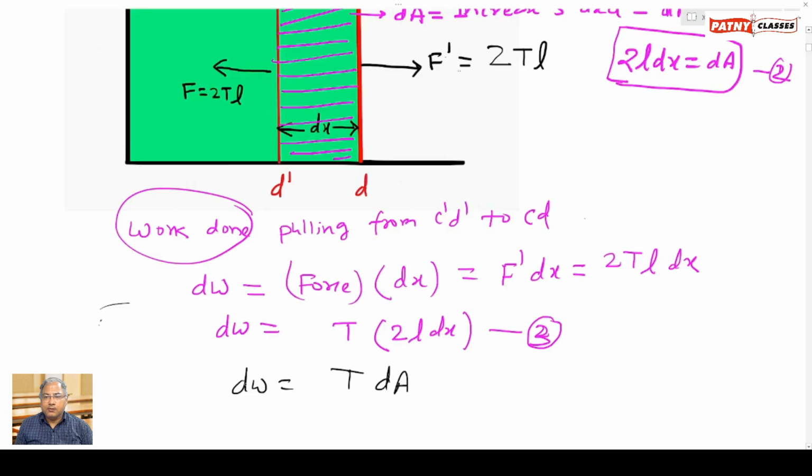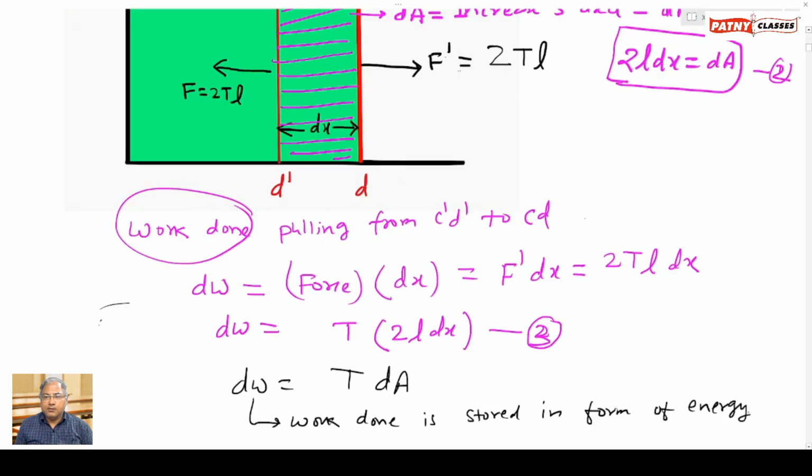But dW is the work done. That work done is stored in the form of potential energy. This is stored energy. Work done is stored in the form of energy. Where is it stored?